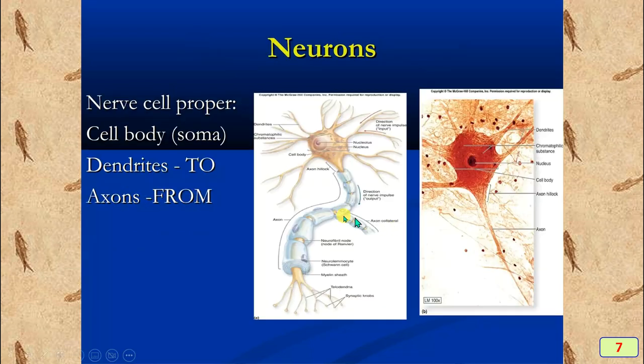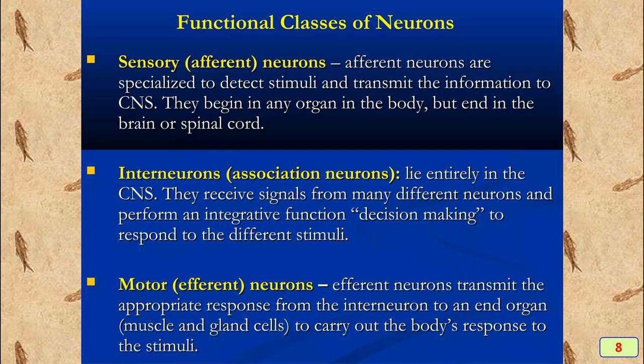This is the structure of a neuron, where the dendrites are the branch-like processes that receive the stimulus. The functions of neurons are sensory, meaning afferent, which carry impulses from different parts of the body to the brain, where the brain processes them and they are converted into a motor response.